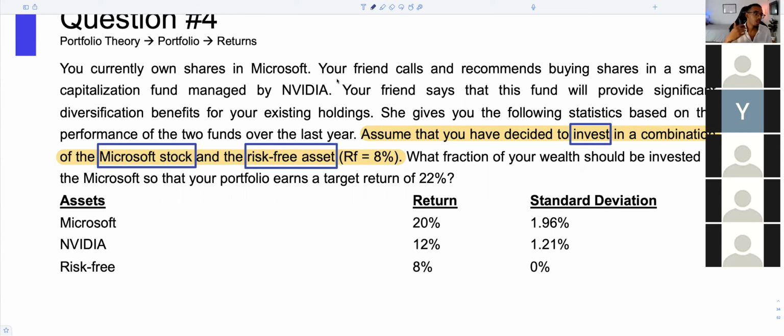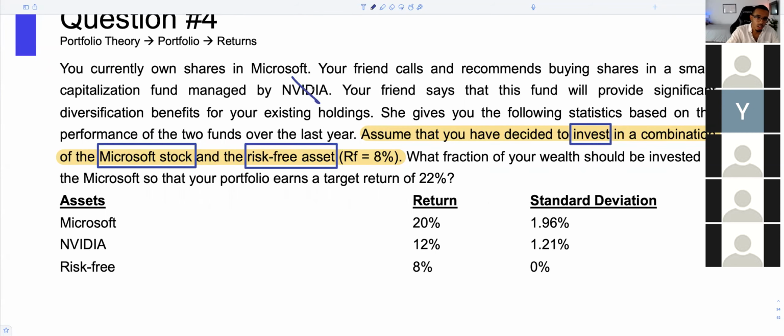But the reason why I'm saying this is that if that's what they're telling you in yellow, assume that you have decided to invest in a combination of Microsoft and the risk-free asset, does that mean that we invested in NVIDIA? Did we invest in NVIDIA if we're telling you that we just invested into these two things? No, we did not.